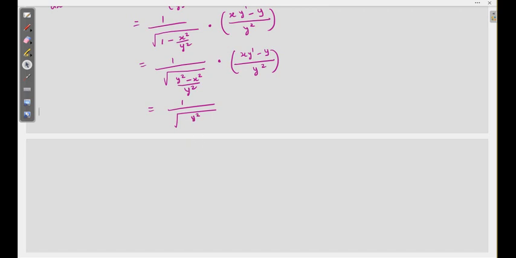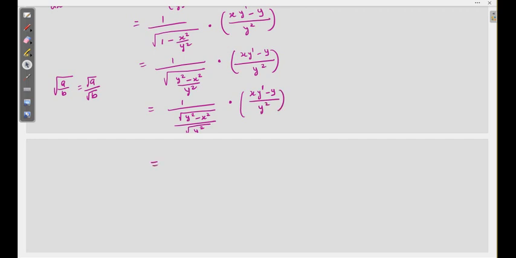Let's write this as the square root of y squared minus x squared divided by the square root of y squared. Remember this law we learned in grade 11, that the square root of a over b is the root of a over the root of b. And then we still have our xy prime minus y all over y squared.